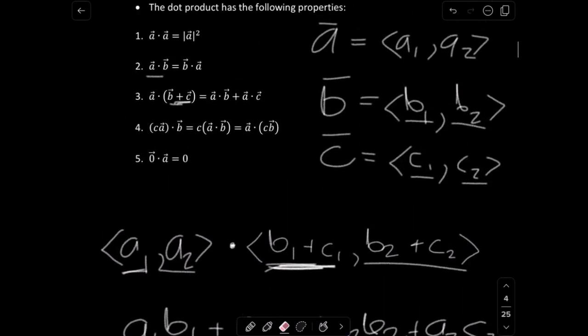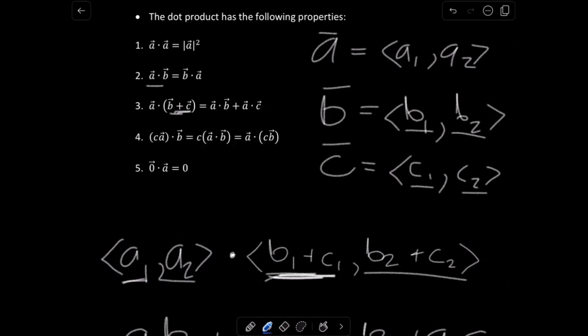All right, let's go for the fourth property. The fourth property states that if you have a constant or scalar number multiplied by A, and then it's a dot product with vector B, that's equal to the constant multiplied by the dot product of the two vectors. Or you can have A dot product that constant times the vector B. This one is basically saying, hey, it doesn't matter where you multiply that constant; at the end, you still have to multiply that constant.